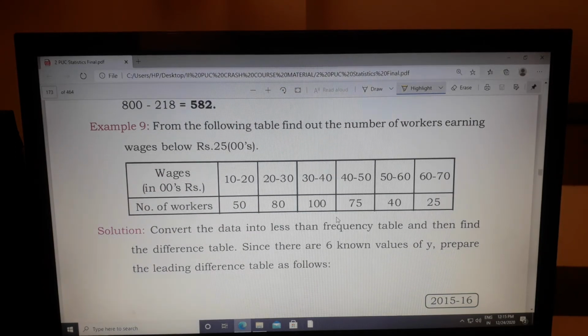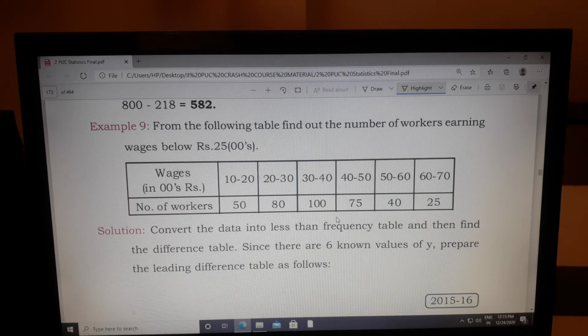In the previous problem, the less than kind of class interval was given, and that is the reason the frequencies must be LCF, less than cumulative frequencies. But here, clear-cut class intervals are given and normal frequencies are given. Even if the number of workers seems to be in increasing order, because of the class intervals they are normal only. 10, 20 means that's a normal class interval, and it doesn't mean that they are LCFs.